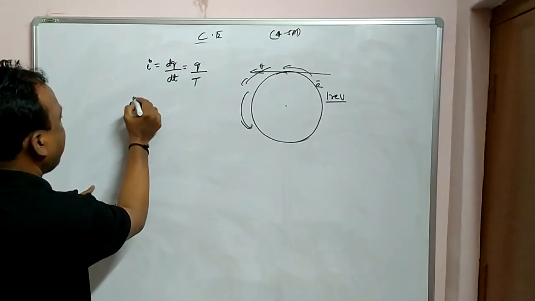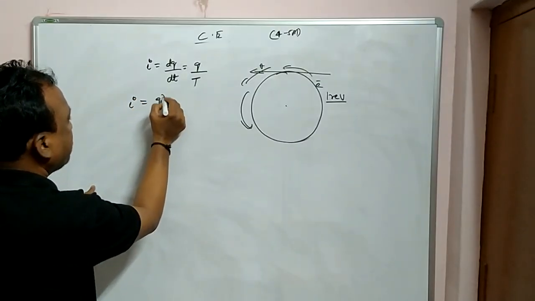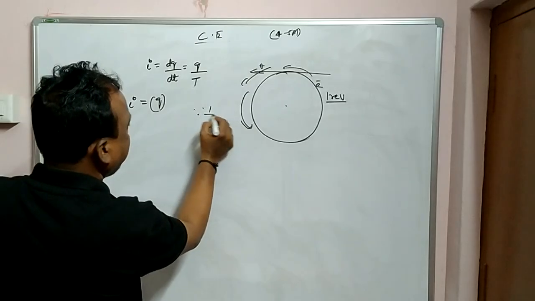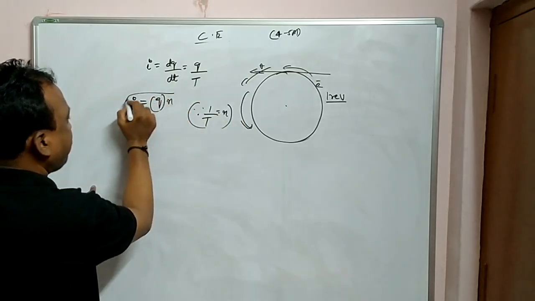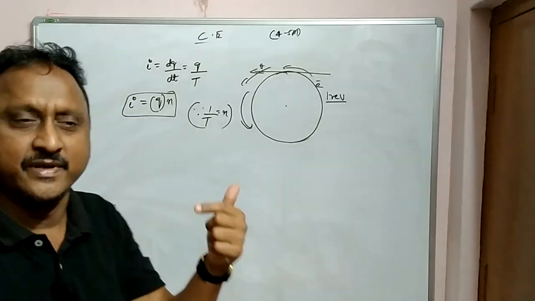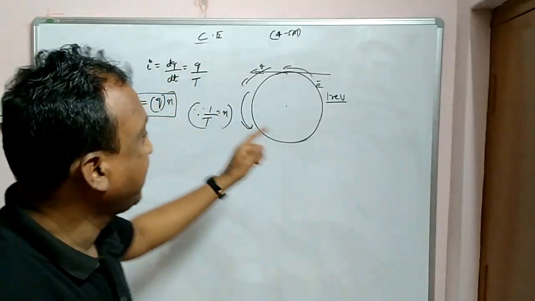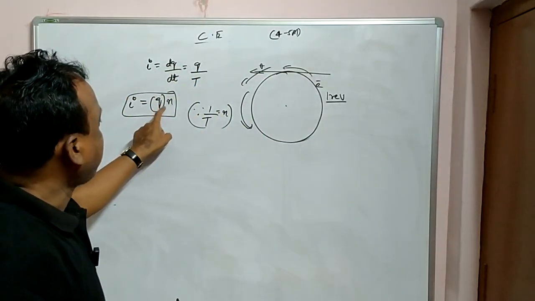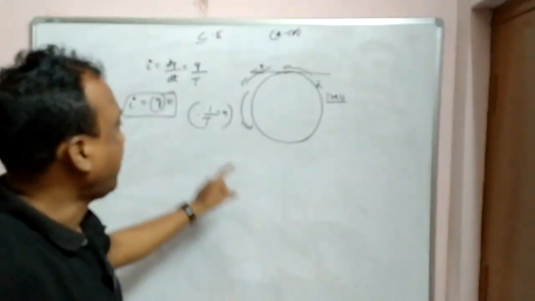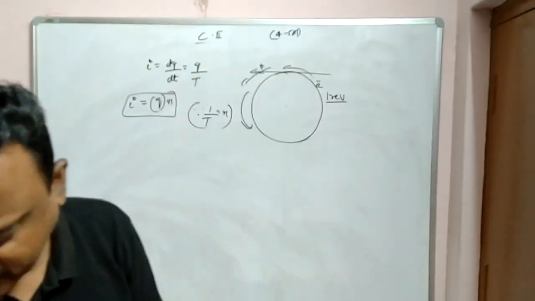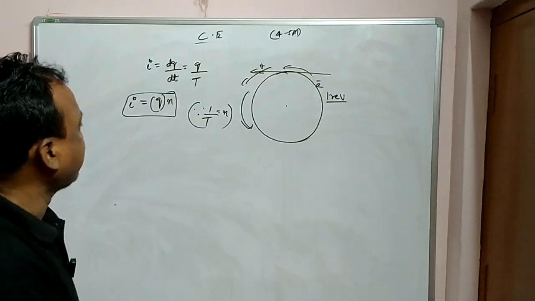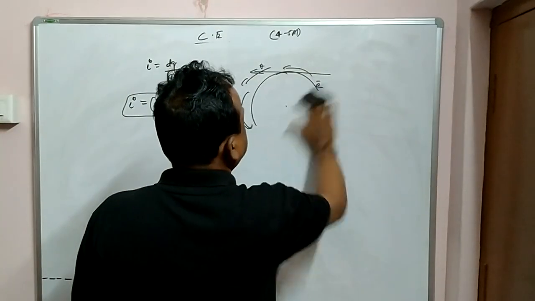So I, charge, I can also write as q into 1 by T, that is frequency. Therefore, another formula for strength of current is charge into frequency. Please note this down, sometimes you can apply it in the examination when frequency is given.